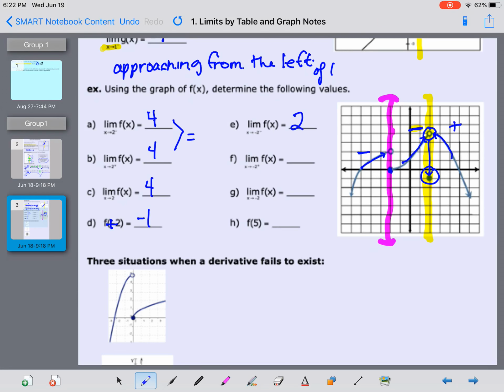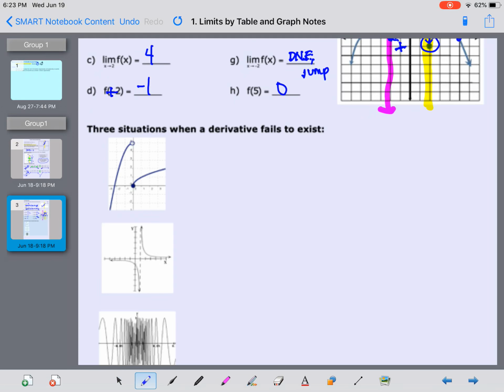So there are 3 reasons for a limit to fail to exist. We've experienced 2 of them. The first one, of course, is a jump discontinuity. That's terrible writing, sorry.